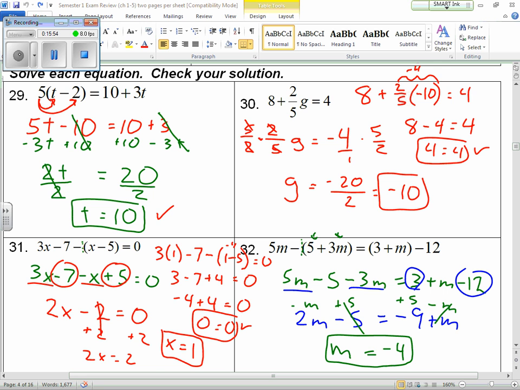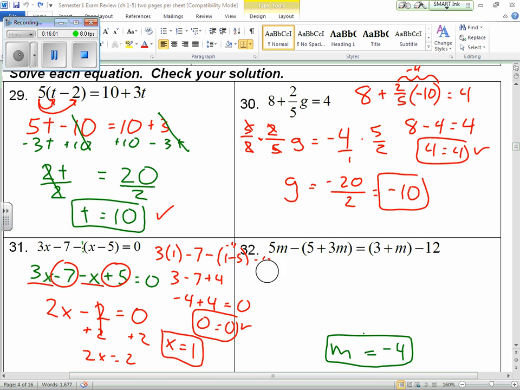I need to test it. I think m is equal to negative 4. Let me check it. 5 times negative 4 minus 5 plus 3 times negative 4. Does that equal 3 plus negative 4 minus 12?